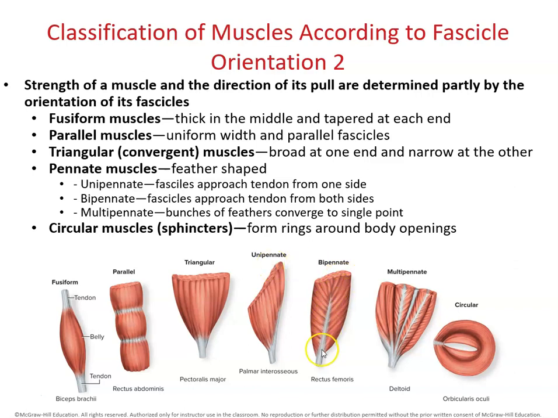We have bipennate, where the muscle fibers are extending on both sides of the tendon. And then we have the multipennate. Multipennate has several tendons that are all converging on a single point and radiating in three-dimensional space from there. Then we have the sphincters, or the circular muscles. These are ring openings, and this one here we're looking at around the eye and the eyelid, for instance.